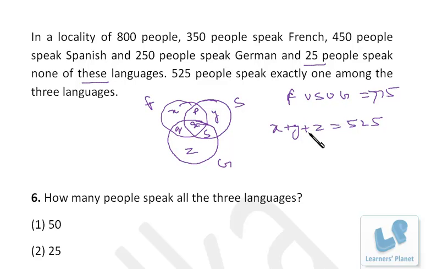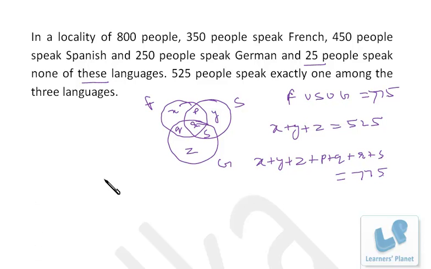Now X plus Y plus Z is 525, and all this data is actually 775. That means I can write X plus Y plus Z plus P plus Q plus R plus S to be 775, right?